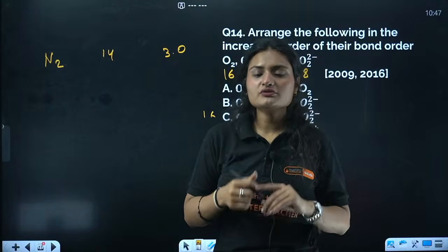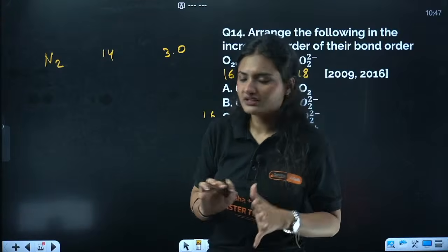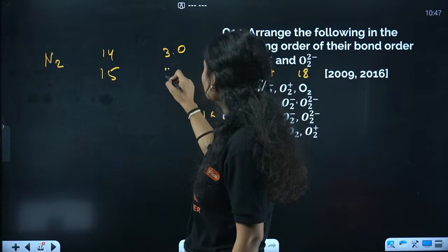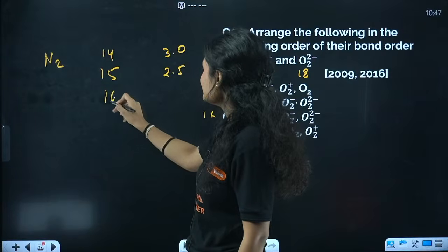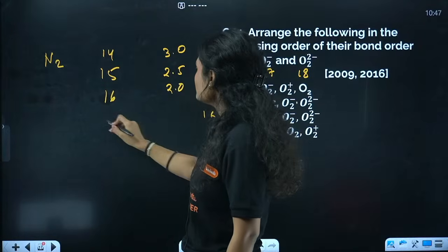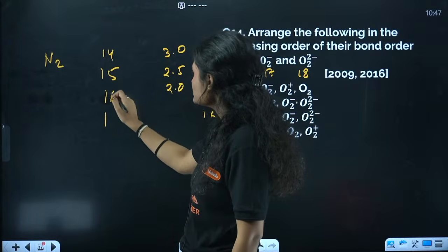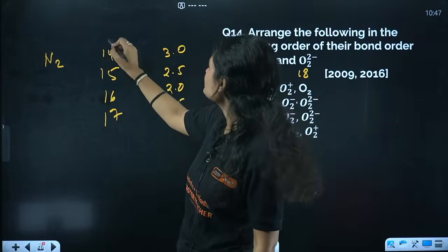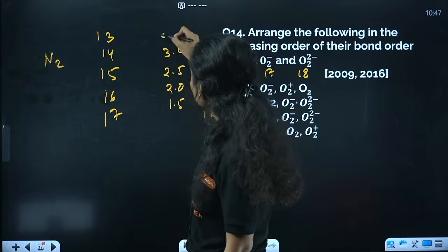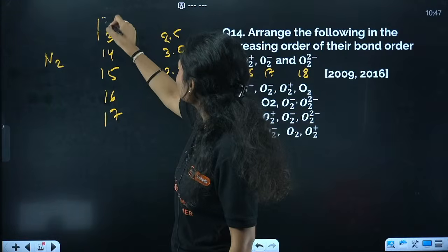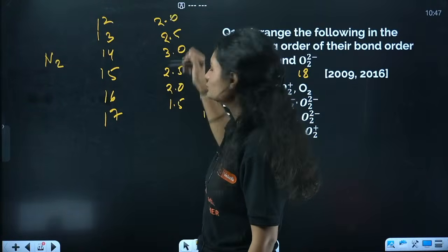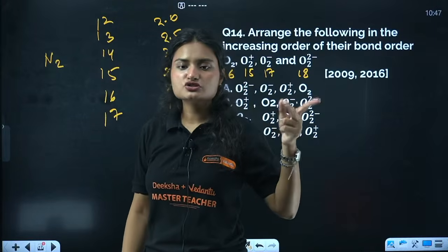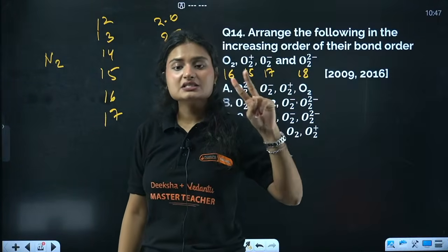So if you have 15 electrons, the bond order will be 2.5. If you have 16 electrons, bond order will be 2. If you have 17 electrons, the bond order will be 1.5. Similarly, if you have 13 electrons, the bond order will be 2.5. If you have 12 electrons, the bond order will be 2. Clear? Similarly, if you increase or decrease, the bond order shall decrease by 0.5.